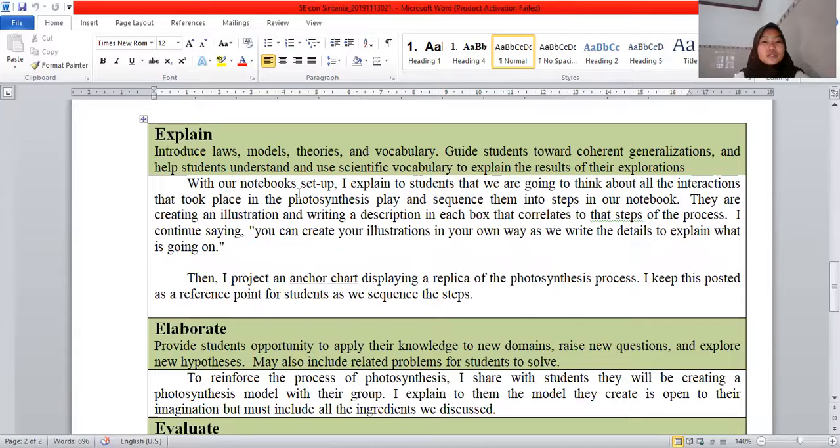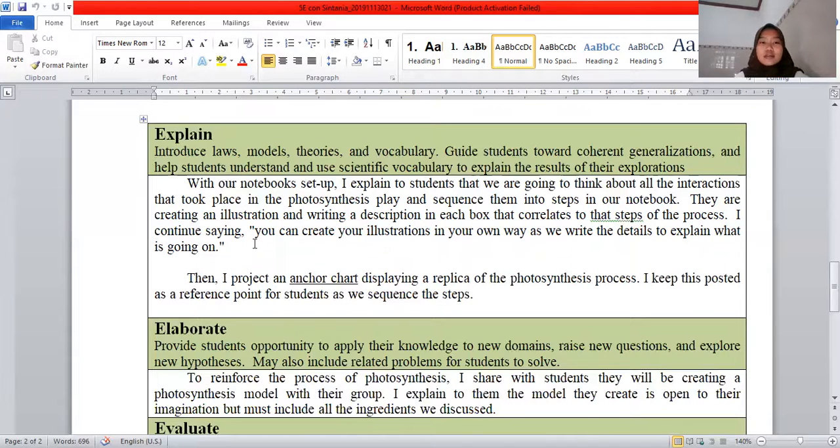With our notebook set up, I explain to students that we are going to think about all the interactions that took place in the photosynthesis play and sequence them in 2 steps in our notebook. They are creating an illustration and writing a description in each box that correlates to that step of the process.